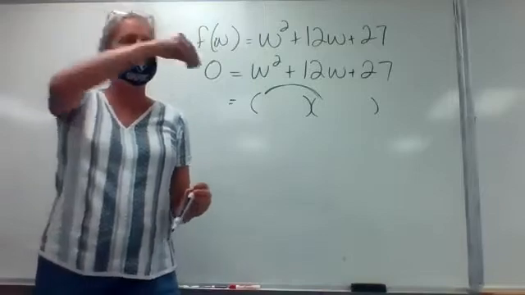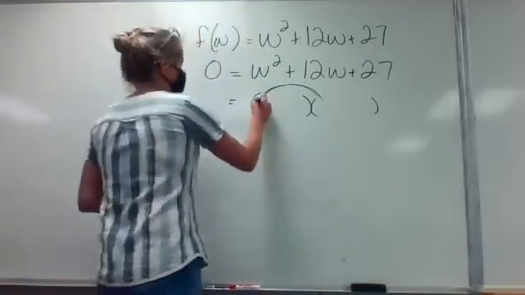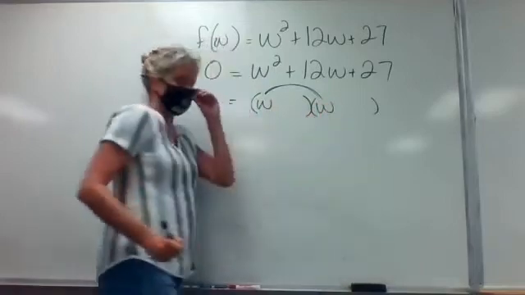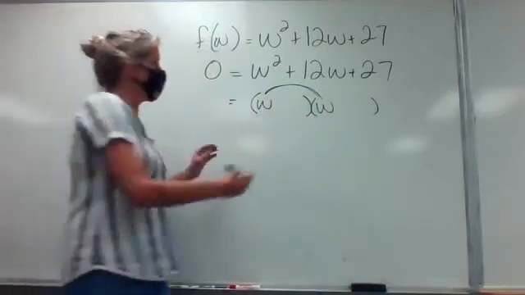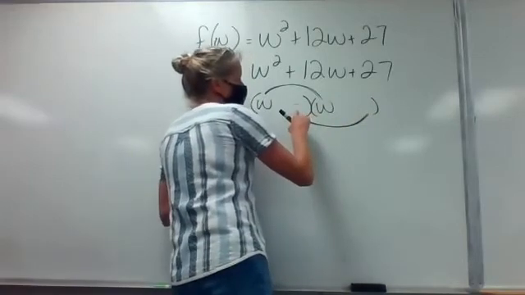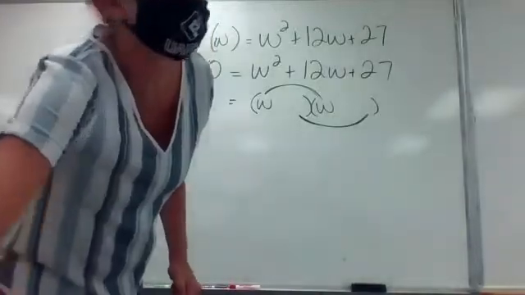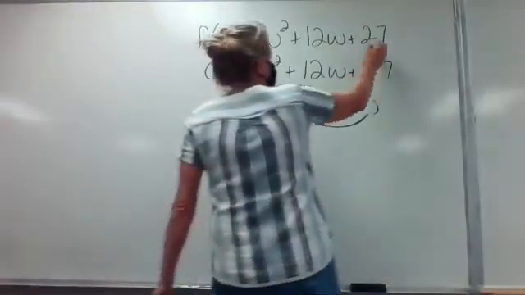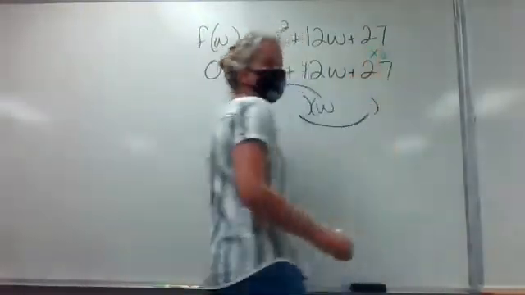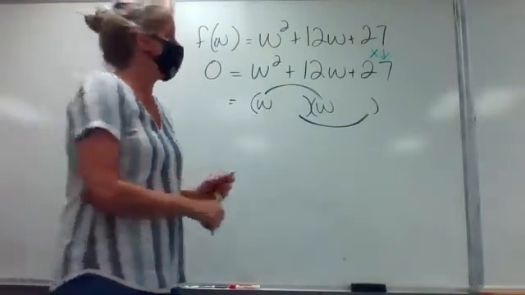What do you multiply together to get w squared? W times w. Now, the last step of FOIL is this right here. This number times this number. And it has to do 2 things. It has to multiply to equal 27.